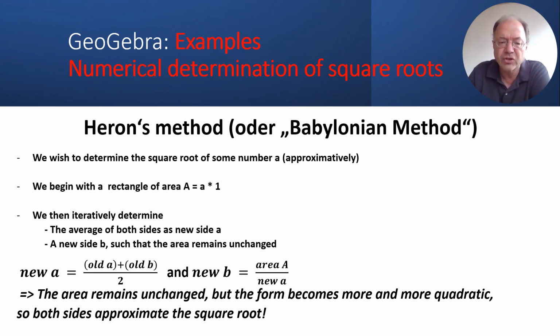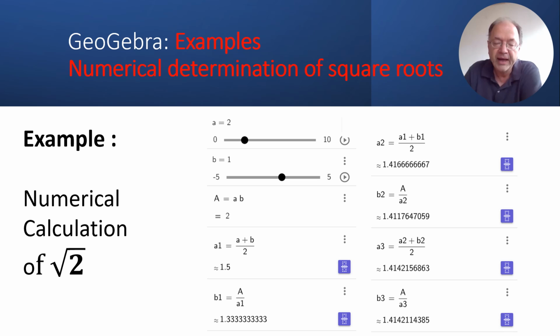Iteratively, we take the average of both sides as a new side A, and a new side B is calculated from the area. So new A is old A plus old B divided by 2, and the new B is the area A divided by the new A. So the area remains unchanged, but the form becomes more and more quadratic, so both sides approximate the square root step by step. A numeric example here with the square root of 2.